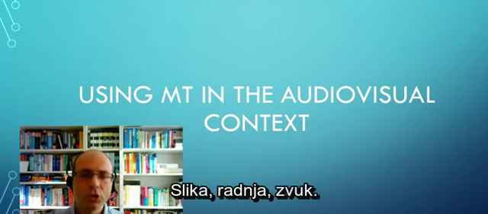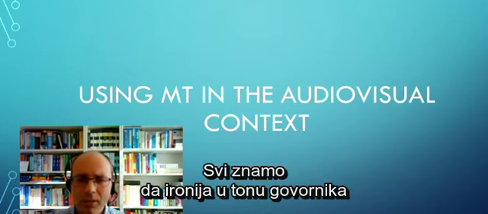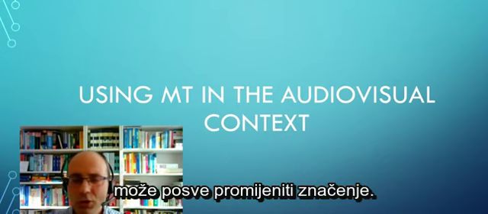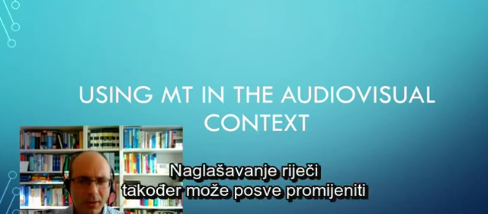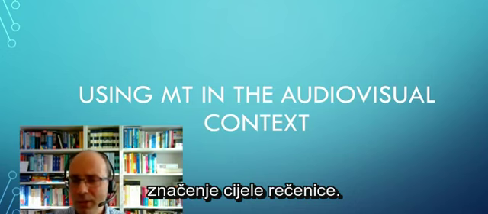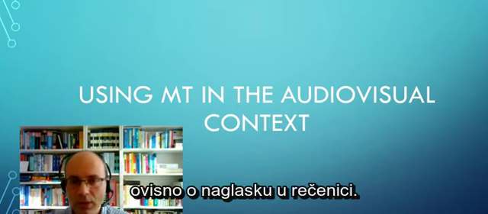There's the image, the action, the sound. We all know that irony, for example, in the tone of the speaker can change the meaning completely. Word stress is another thing that can completely change the meaning of the whole sentence, and many times it has to be translated in very different ways depending on the word stress in the sentence.